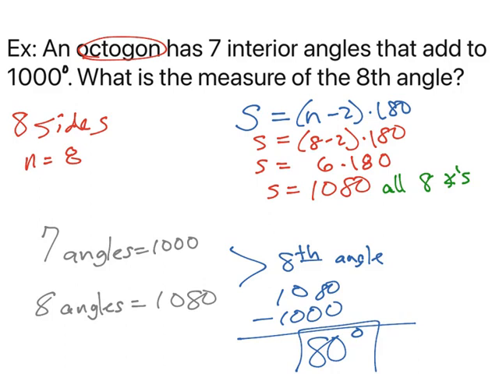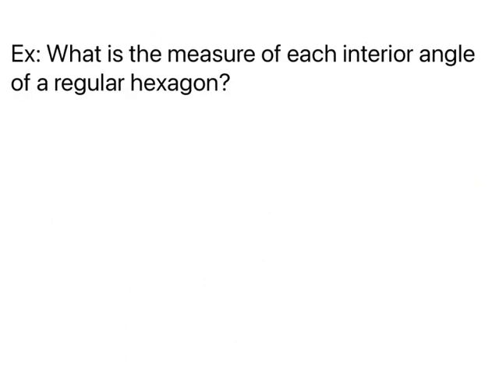All right, so sometimes you have to just kind of see what you're given and let that lead you to the next piece. Now, what is the measure of each interior angle of a regular hexagon? Ooh, okay, well, hexagon. What do you know about a hexagon? Well, hexagon means there are 6 sides. So, n is 6.